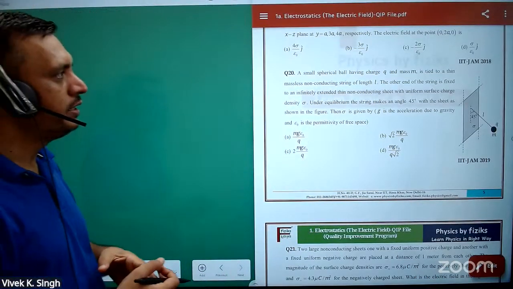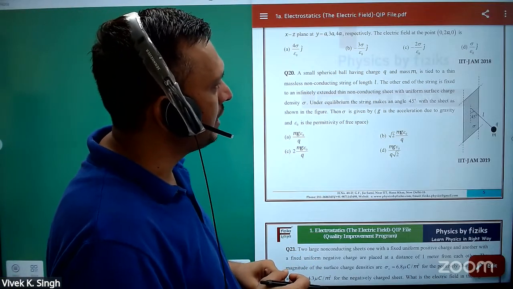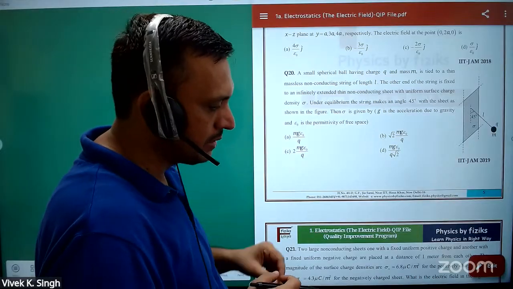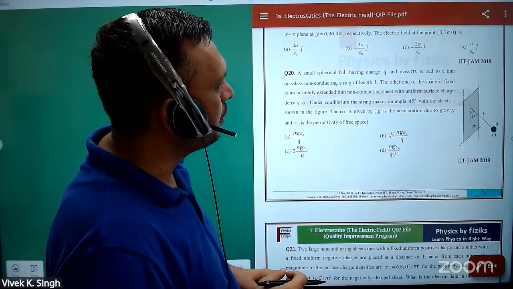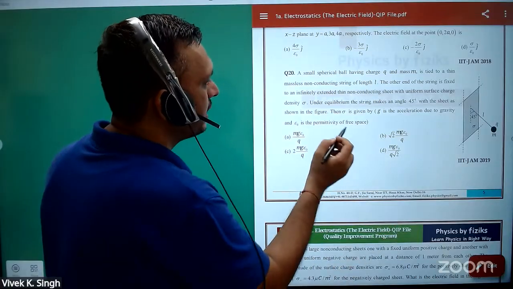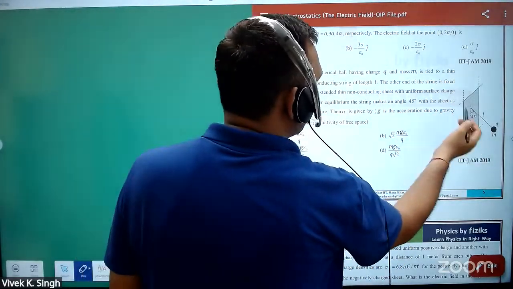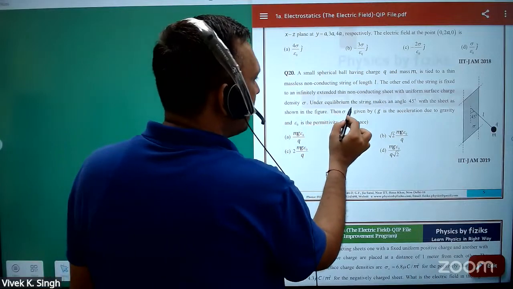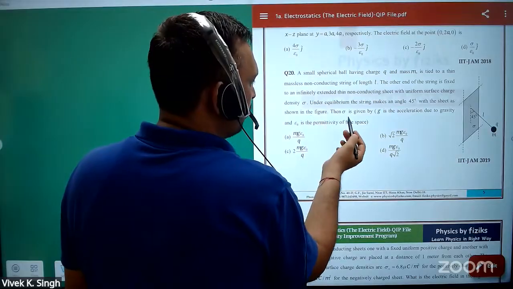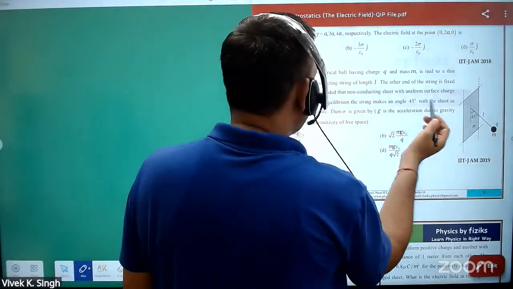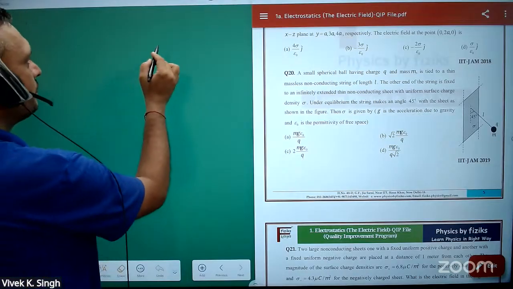A small spherical ball, charge Q, mass M, is tied to a thin massless non-conducting string of length L. The end of the string is fixed to an infinitely extended thin non-conducting sheet with uniform charge density sigma. Under equilibrium, the string makes an angle 45 degrees with the sheet as shown in the figure. Find the sigma. g is the acceleration due to gravity, and epsilon naught is permittivity.